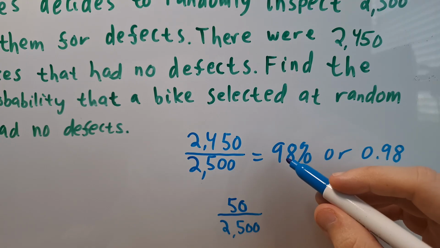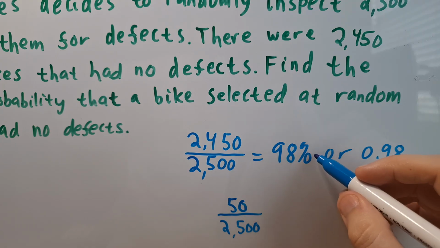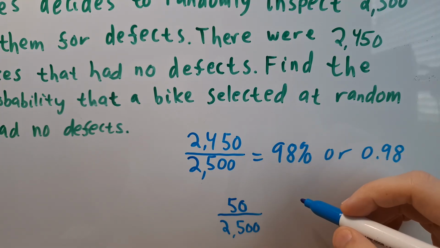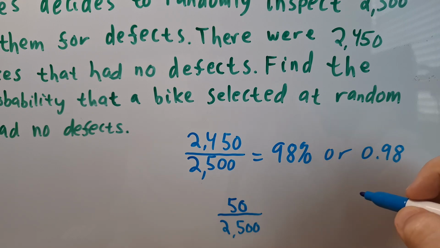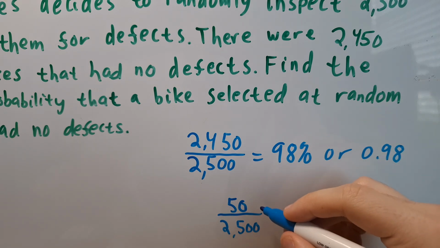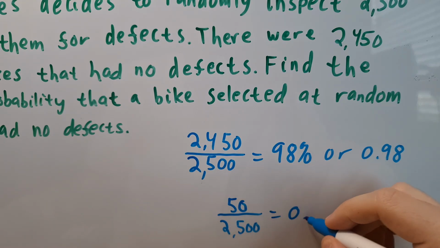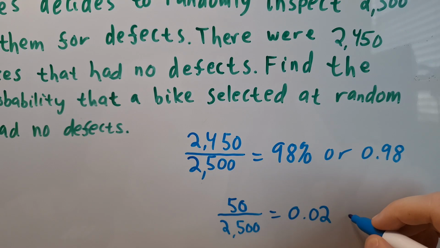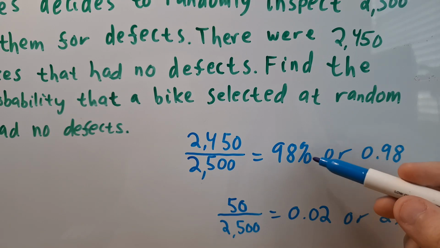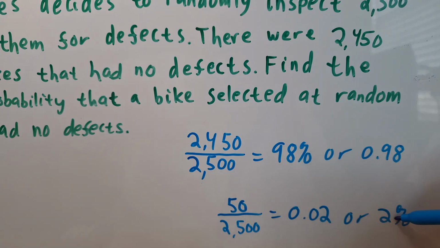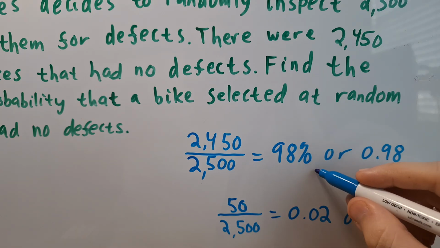And remember, the event that happens and its complement, when I add them together, will give me a total of 1. So 50 out of 2,500, that is 0.02 or 2%. And this adds up, literally, because 98% plus 2% will give me 100%.